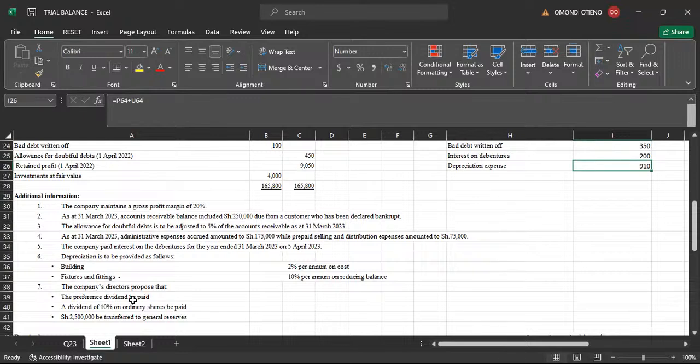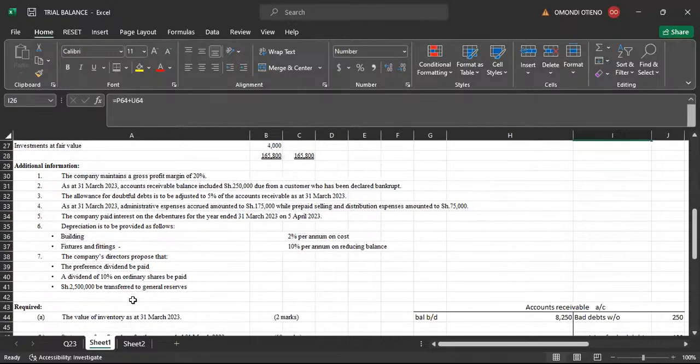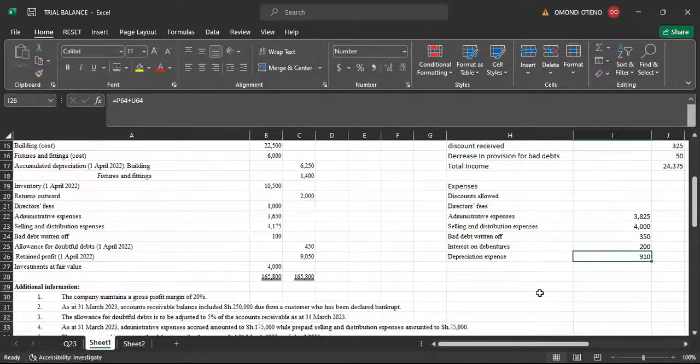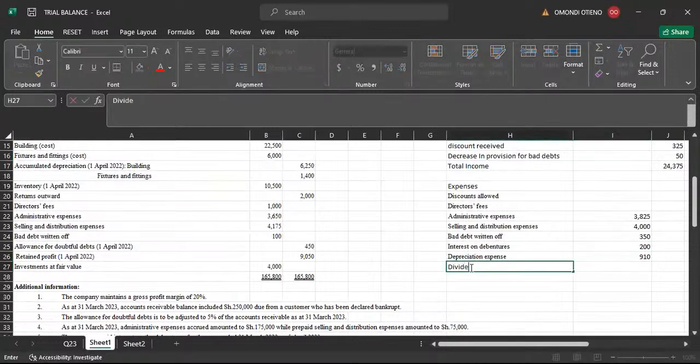They just proposed that the preference dividends be paid, and then the dividends of 10% on ordinary shares also should be paid. So for the dividends, we can combine them for preference and ordinary.